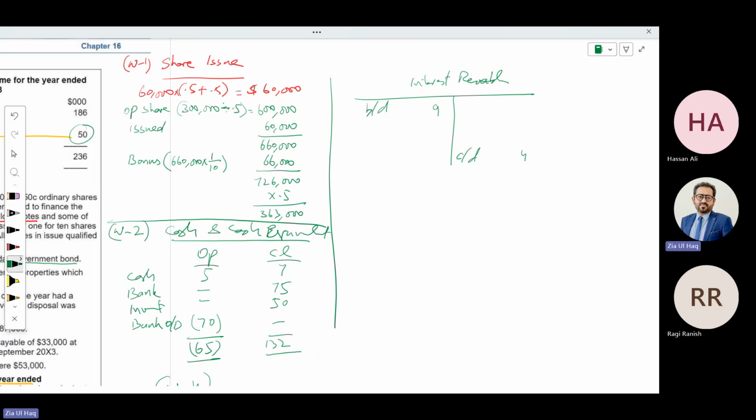This account will become debit against interest income in P&L. This will become 14. What is this? Cash.